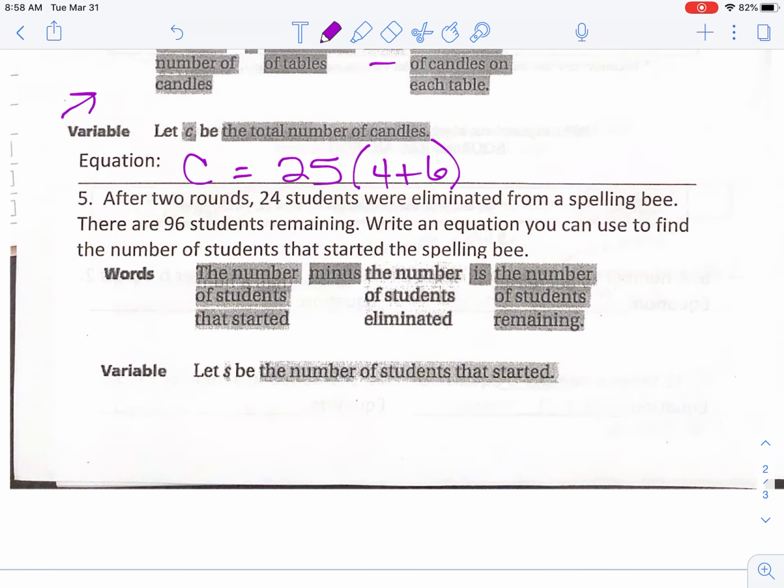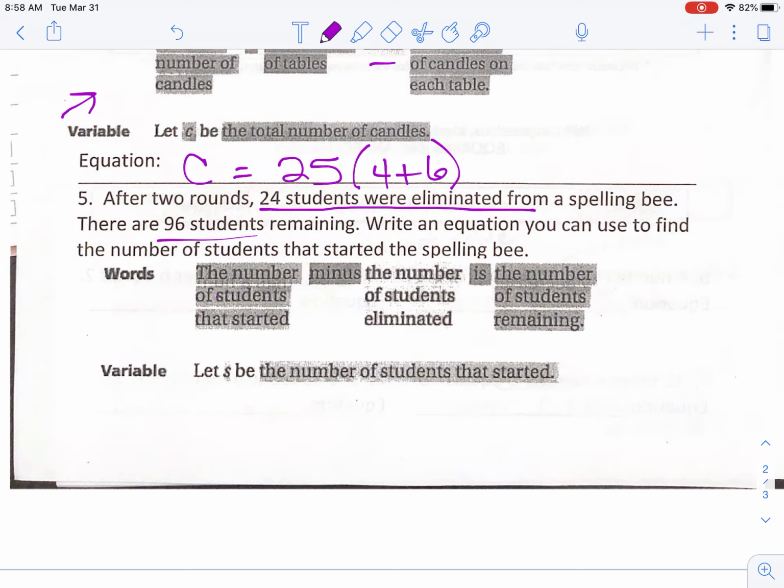And the last one. After 2 rounds, 24 students were eliminated from a spelling bee. There are 96 remaining. Write an equation you can use to find the number of students that started the spelling bee. We have no clue how many started the spelling bee.